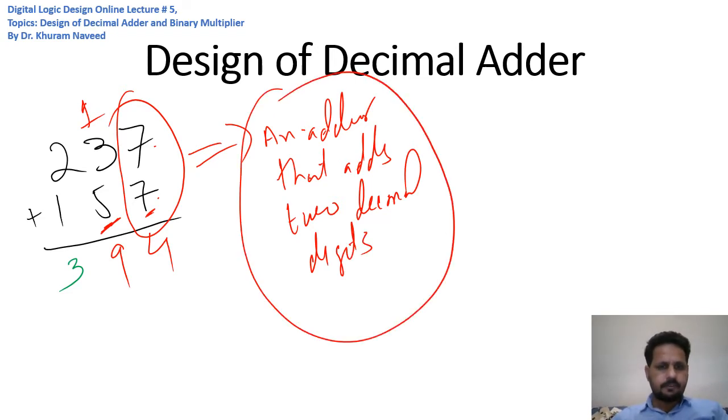If we can design that, then maybe we can follow the exact process that we followed in the design of the 4-bit binary adder, where we first designed an adder for 1-bit addition, and then we extended it to multi-bit addition. So here, if we could design an adder that could perform one digit decimal addition, then maybe we could extend it to make multi-digit decimal addition, following the process that we just discussed, right?